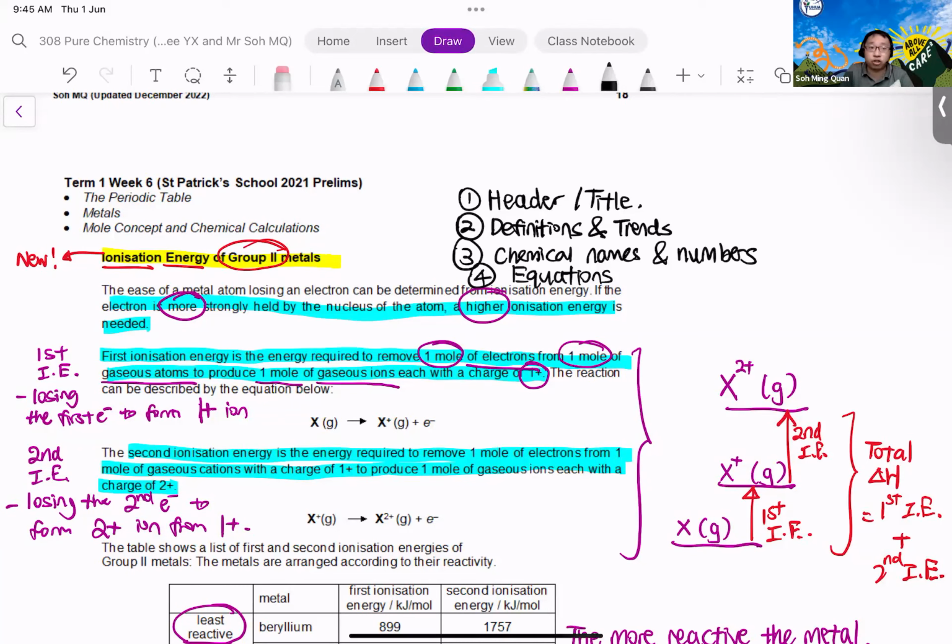If you just look at the graph, from beryllium to barium, least reactive to most reactive metal, the reactivity increases.